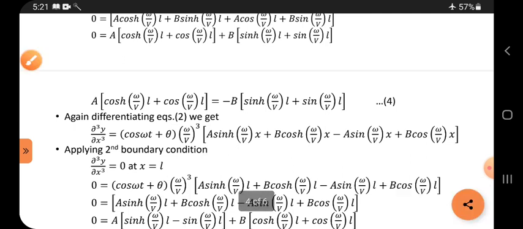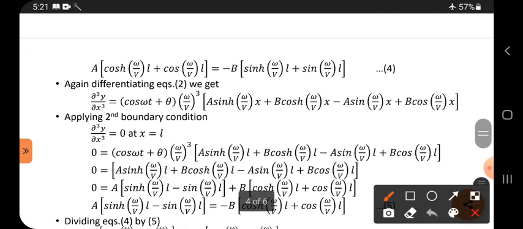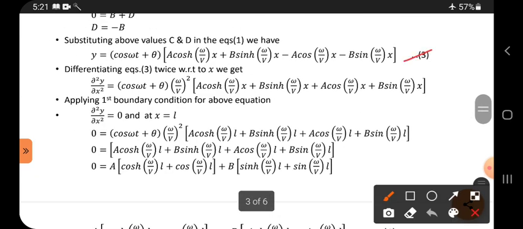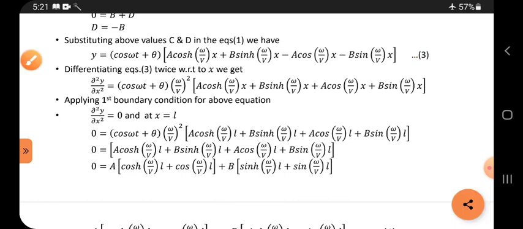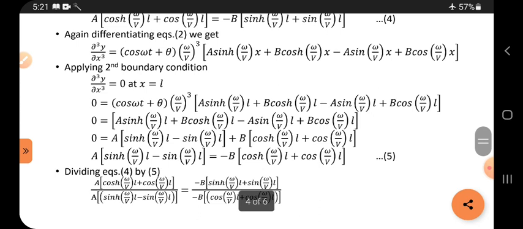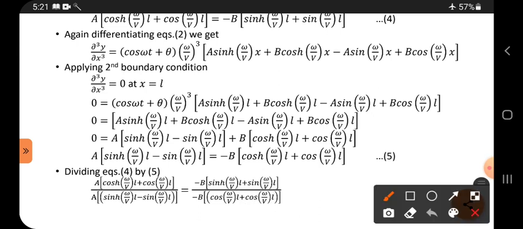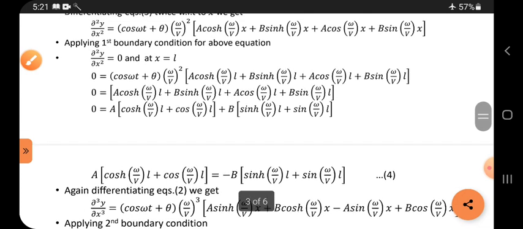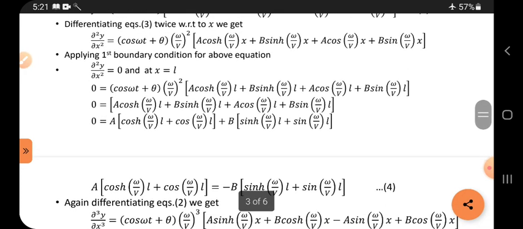Again differentiate, not equation 2, it is equation 3 only. See here, equation 3. Again differentiate equation 3. How many times? Thrice now. So thrice differentiation.